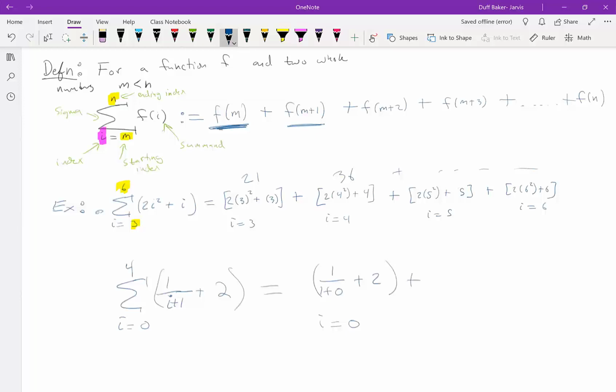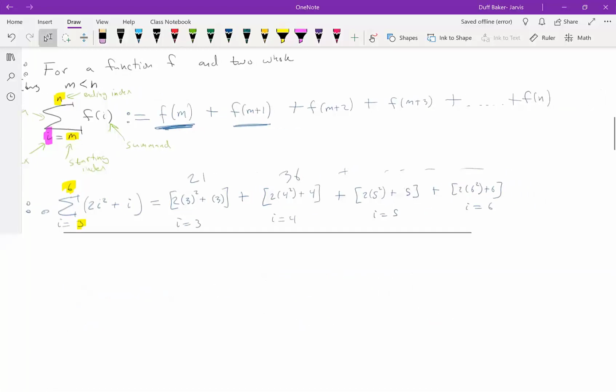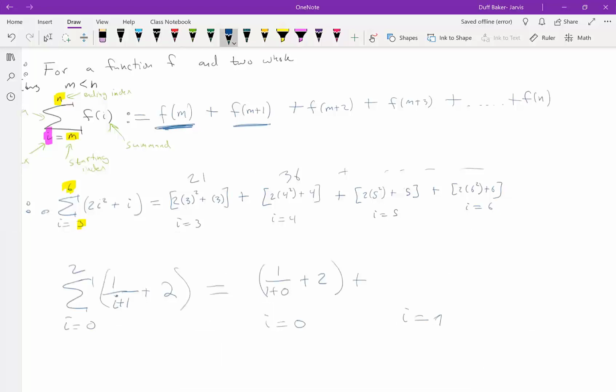Then we would add to it, incrementing i by 1. And let's just make this smaller. Let's only go up to 2 because it's the same idea. So you would then increment i to be 1, plug in 1 now. And then you would increment i up to 2. Like that.